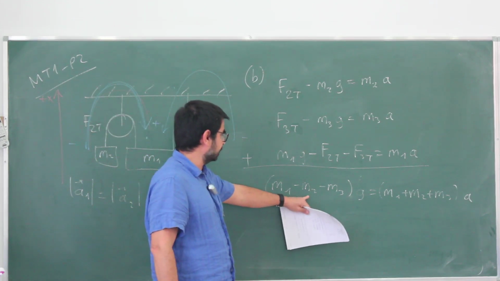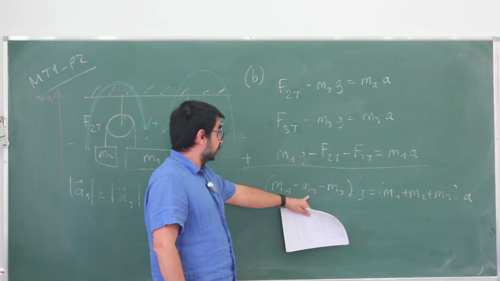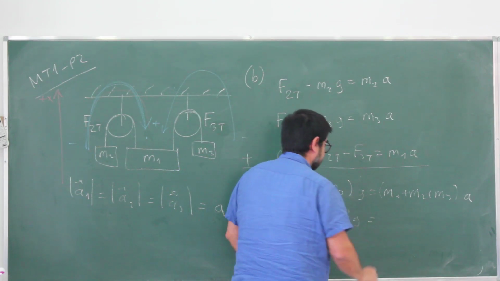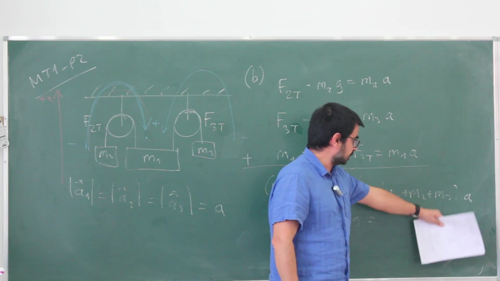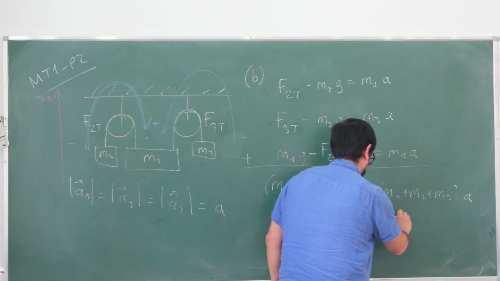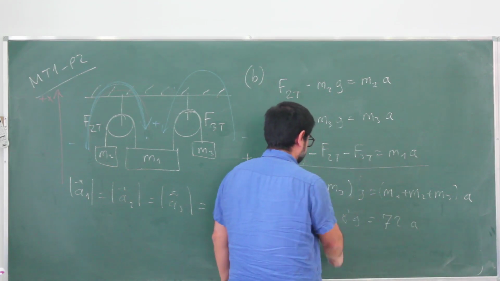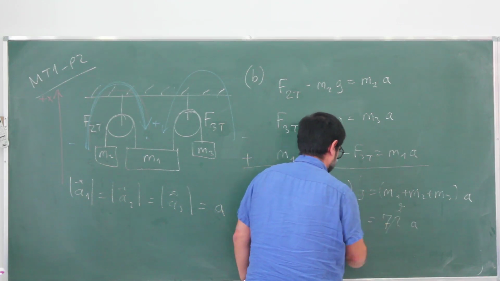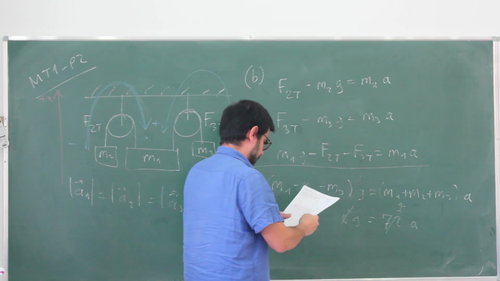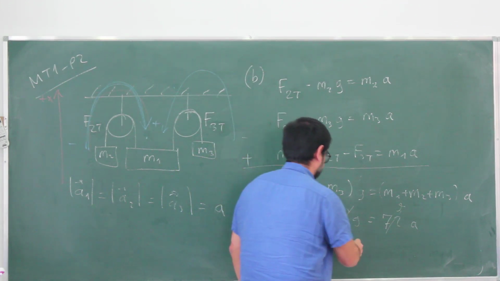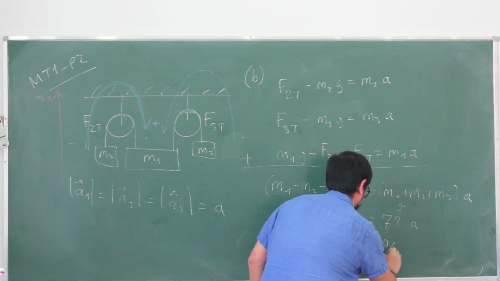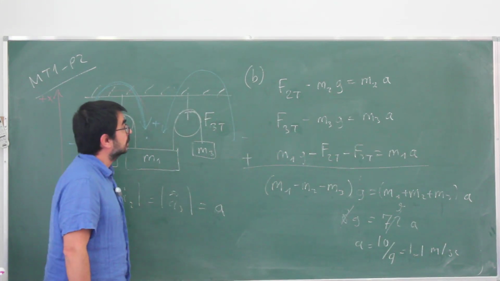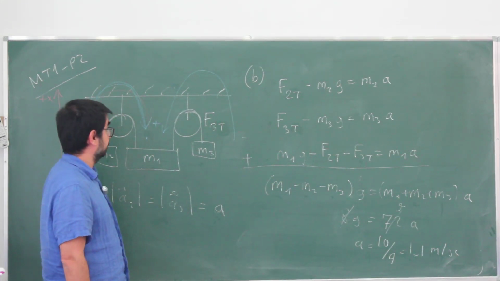So 40 minus 20 is 20, minus 12 is 8g, is equal to 40 plus 20 is 60, plus 12 is 72. And this is 80 over 72, this becomes 10 over 9, which is 1.1. So A is going to be 10 over 9 meters per second square, which is actually what is given in the solution manual, solution sheet.